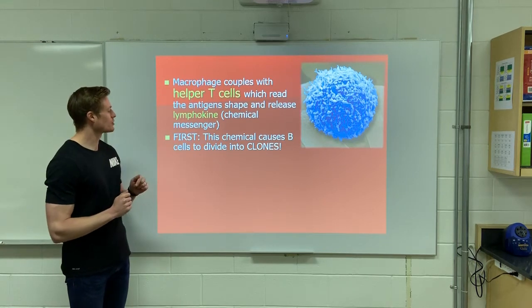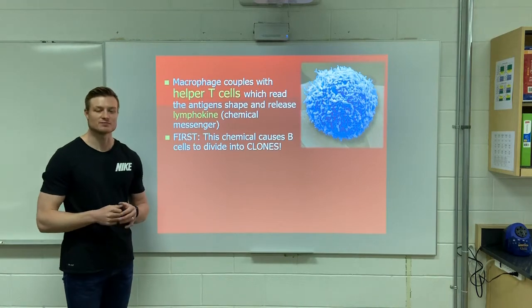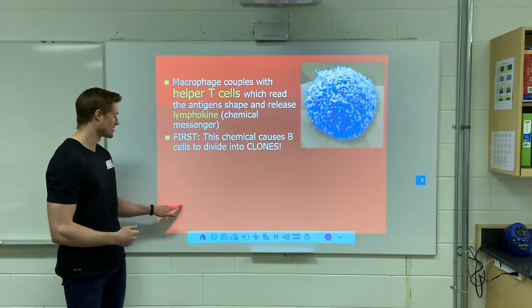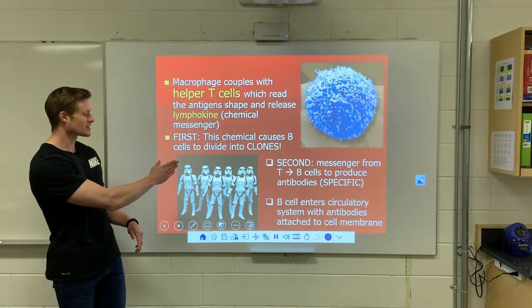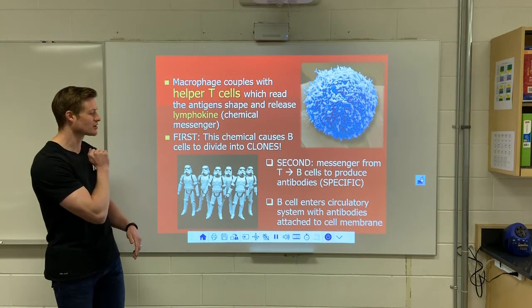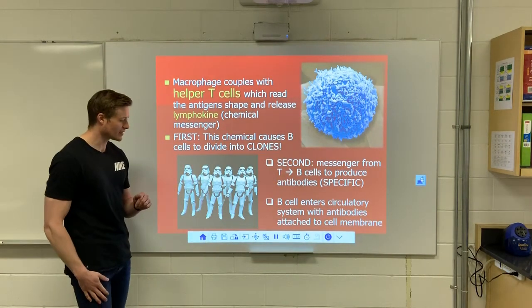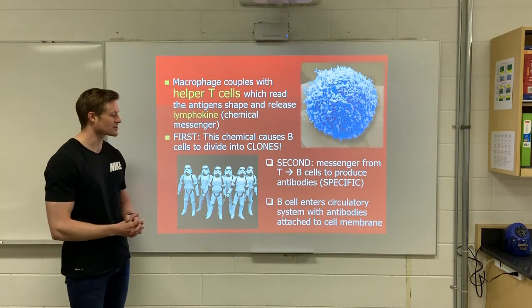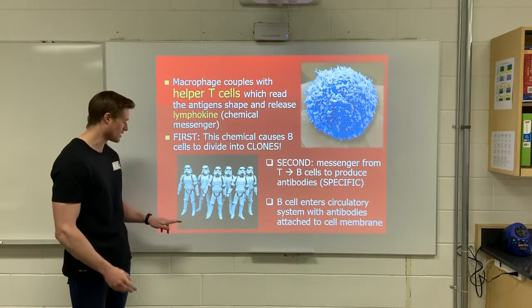They're going to release a chemical message, which is going to be sent all the way to your B cells. B cells will immediately start cloning themselves. So T cells send a message to B cells to clone themselves and start producing a bunch of antibodies, all right? B cells will then enter into the circulatory system with their antibodies attached to their cell membrane.